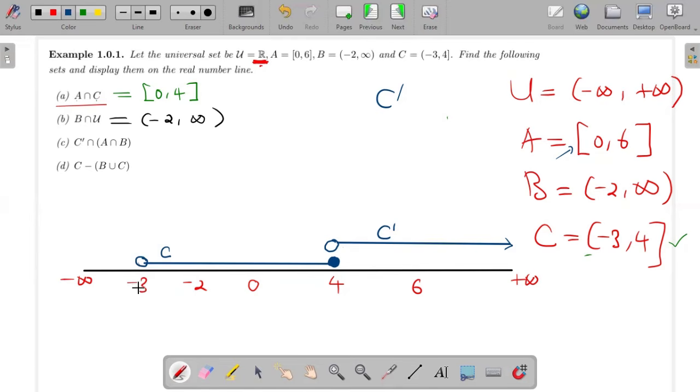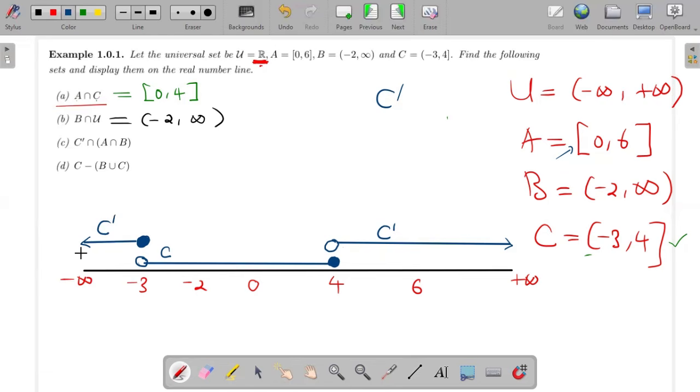The -3 is not a part of C, because there's an open circle on -3, like we discussed. So it will be present in the C complement. I'll shade on top here, and then go to the left side to meet the minus infinity, like that. If you want, you can put an open circle here. This is the second part of the C complement.